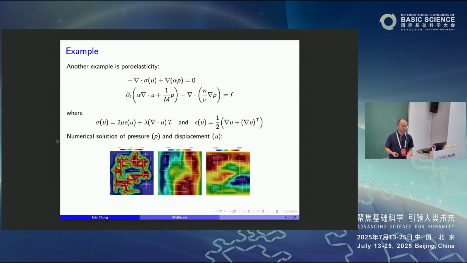Typically, for this coupled system, the coefficients alpha and kappa can contain a lot of features, and to solve this system of equations also requires careful analysis.